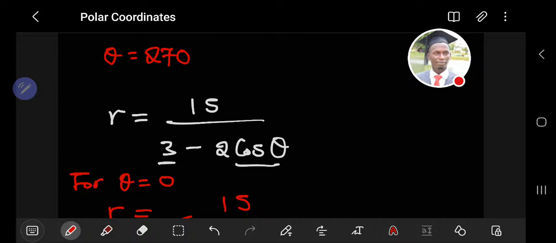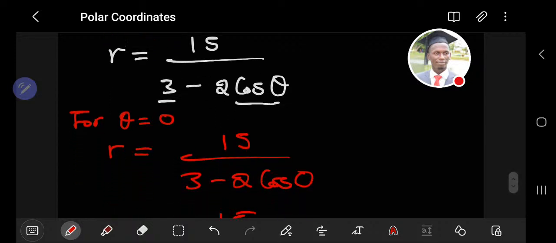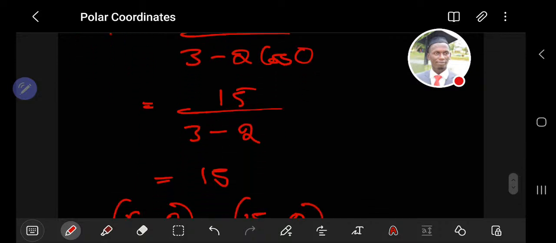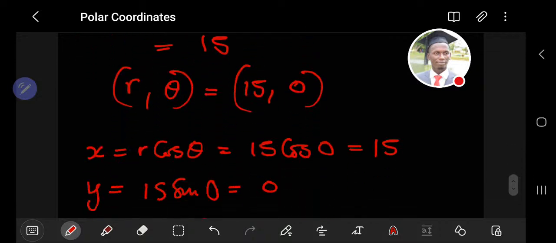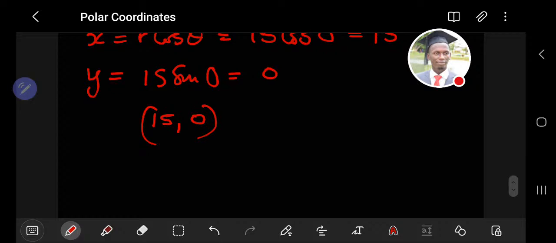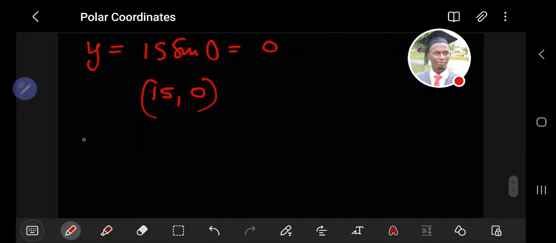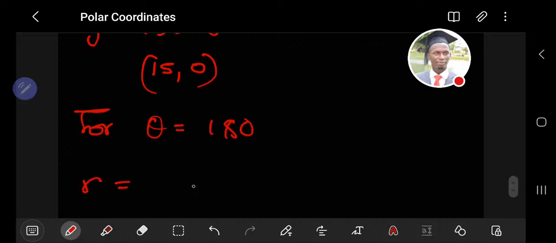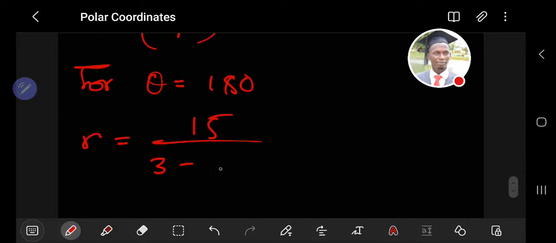Okay. So we can do the same thing for the other point as well. I said we're going to try two things, 180 and 0. We've done 0. Now, how about for theta equals 180? For this case, again, we have r equals 15 over 3 minus 2 cos 180.